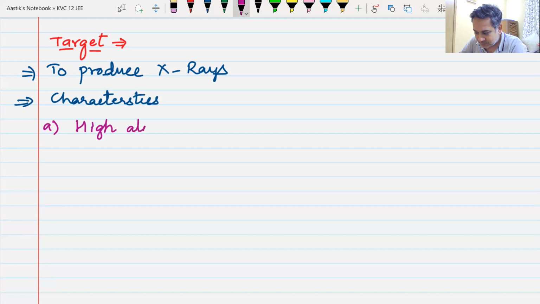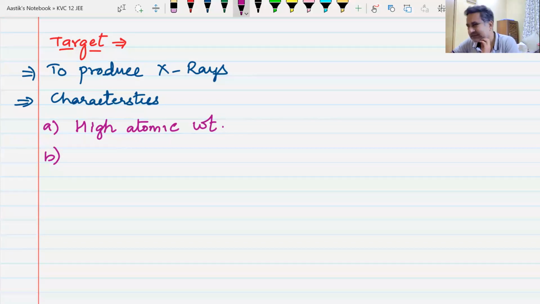We'll understand why high atomic weight later. Any other characteristic it might have? It should be a metal. It's always a metal. Anything else? High melting point. High melting point is correct.